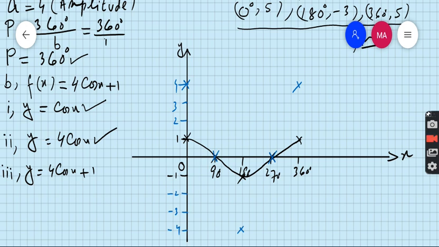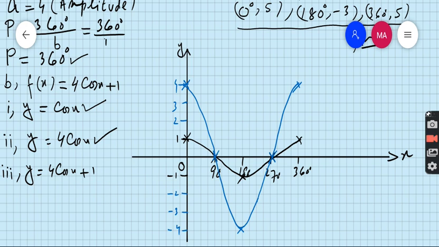Keep in mind, we are talking about y is equals to 4 cos x. So this time we are drawing our graph. So this is the graph of y is equals to 4 cos x.